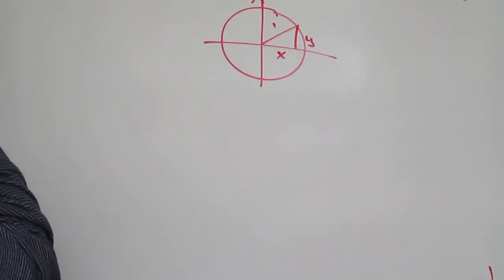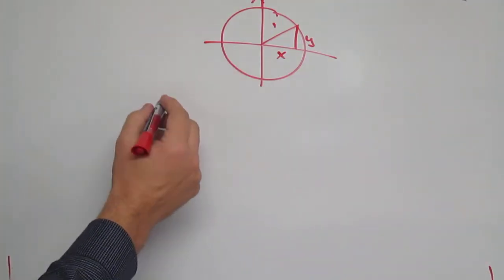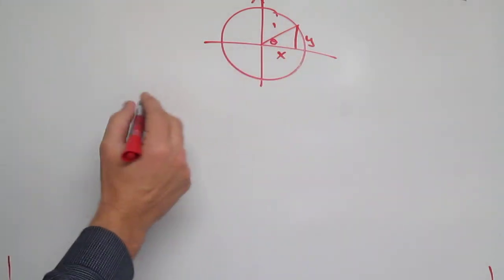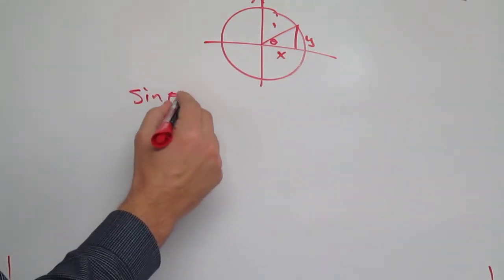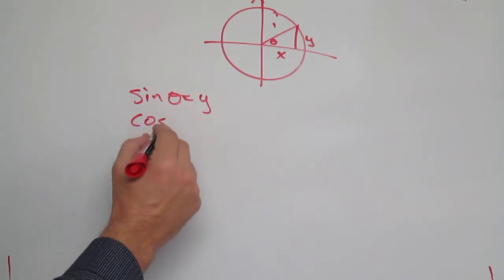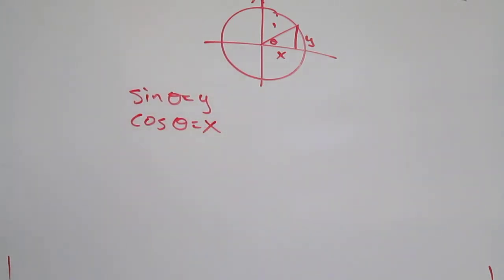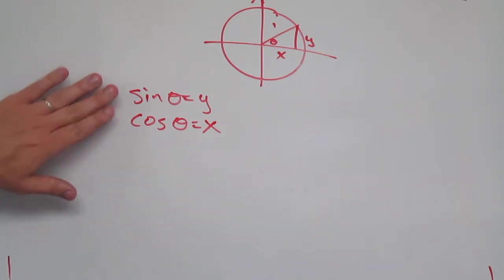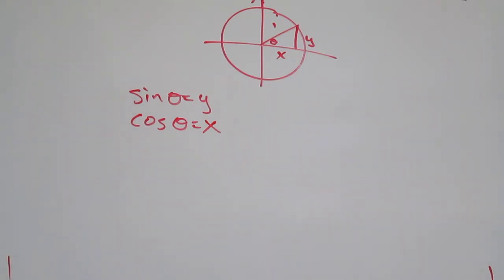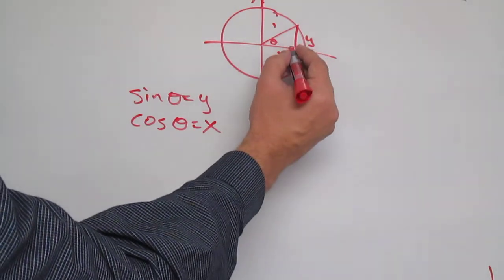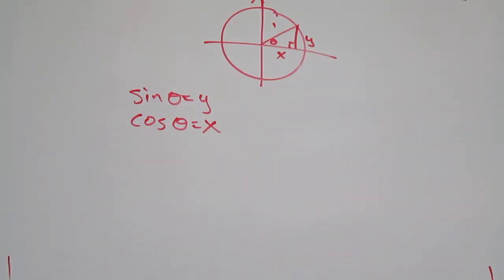If this is my theta, then the sine of theta is equal to y, the cosine of theta is equal to x, and we also said that the tangent of theta was y over x. But I want to focus on these 2 because we're going to turn this into a Pythagorean identity, as in Pythagorean theorem.